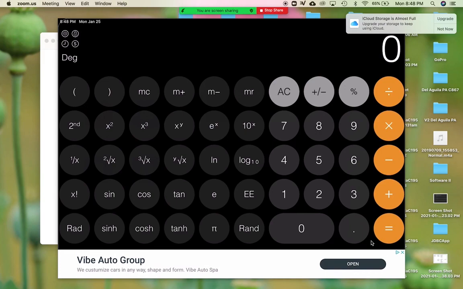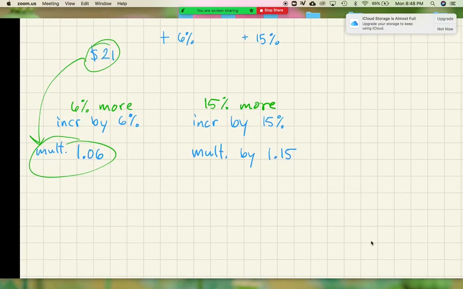So 21 times 1.06 is 22.26. This number is the meal plus the tax. And then after that, they want to pay a 15% tip. So that means they want to pay 15% more.